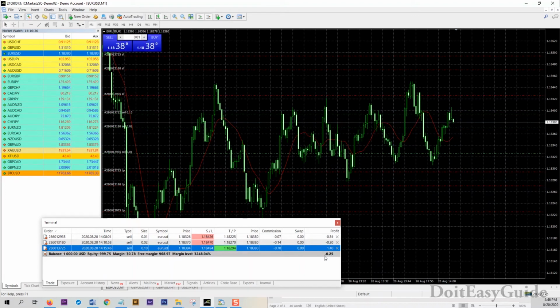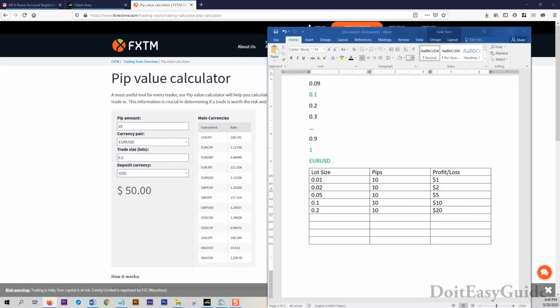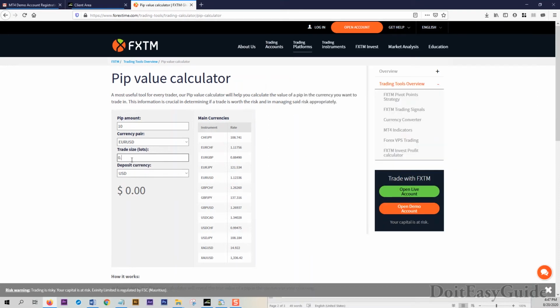So what happens if you further increase your lot size? Let's say 0.5. That means 50, right? With 0.5 and 10 pips, you will take $50. And if you increase further to 0.9, with lot size 0.9, if you get 10 pips, you would get $90.